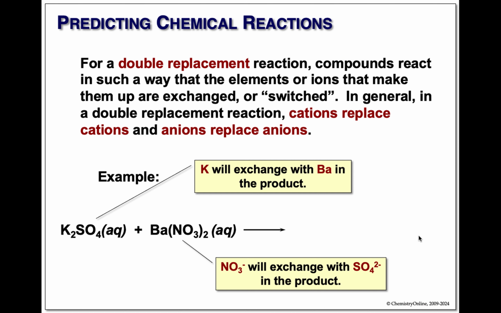If it's a double replacement, we will swap the sulfate, it'll go to the barium, the nitrate will go to the potassium, and that's what we will get. Turns out that barium sulfate is a solid, so this reaction proceeds as it's written.